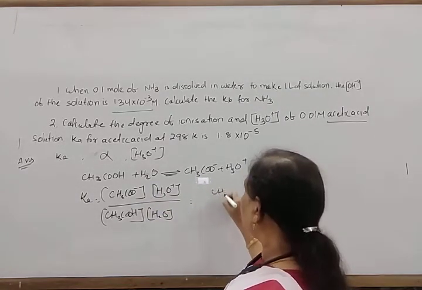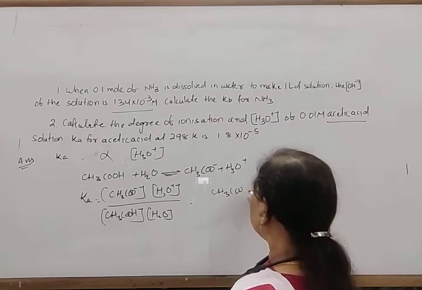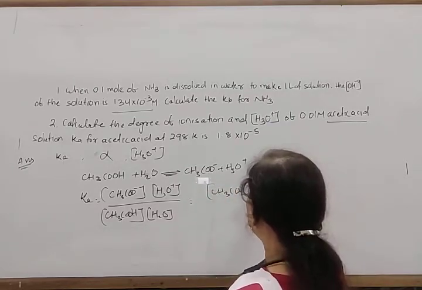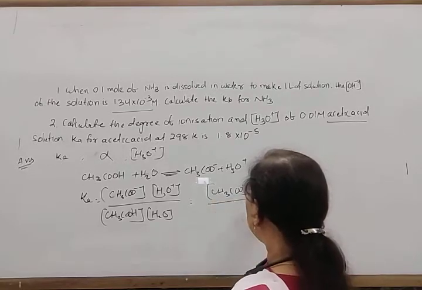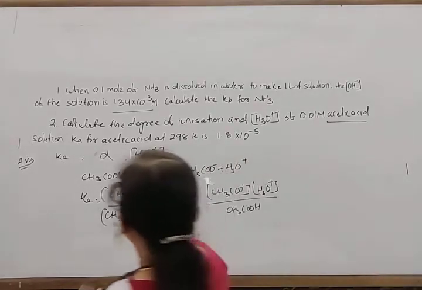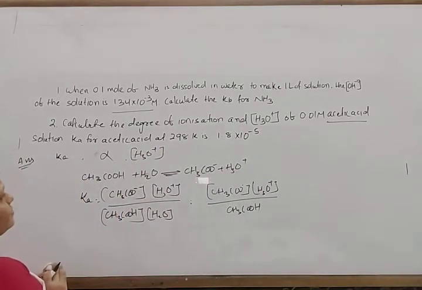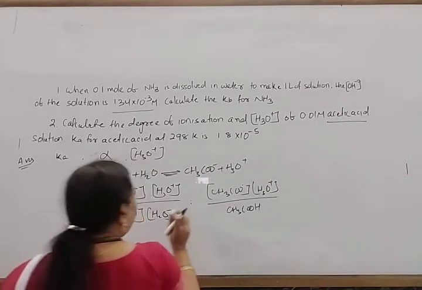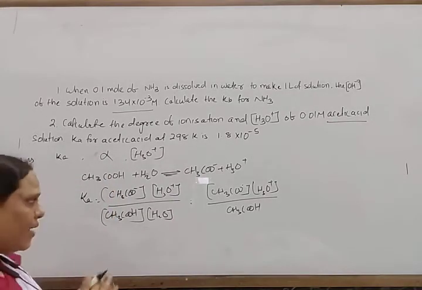So you can write Ka equal to CH3COO- concentration times H3O+ concentration divided by CH3COOH concentration. Let the concentration of acetic acid be 0.01 M, and let alpha be the degree of ionization.